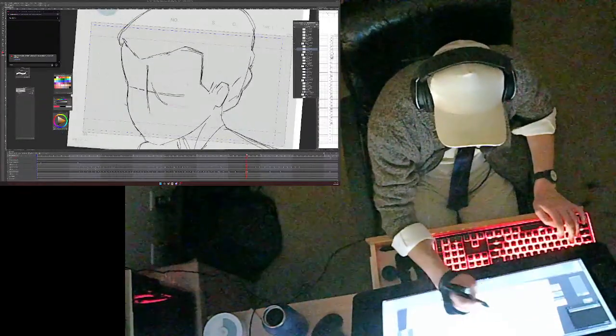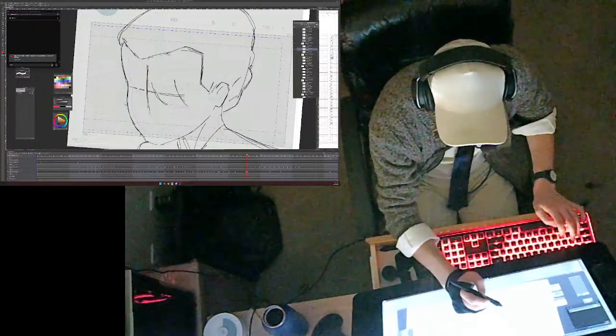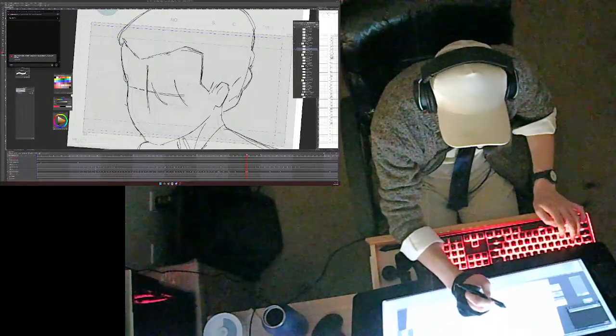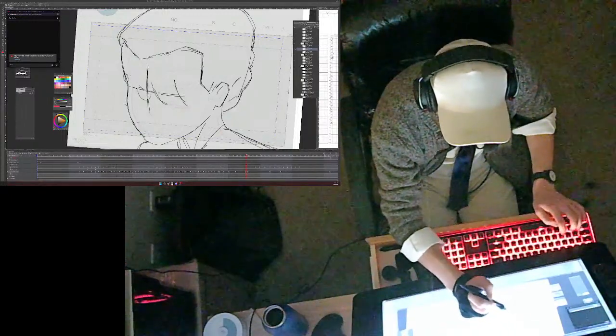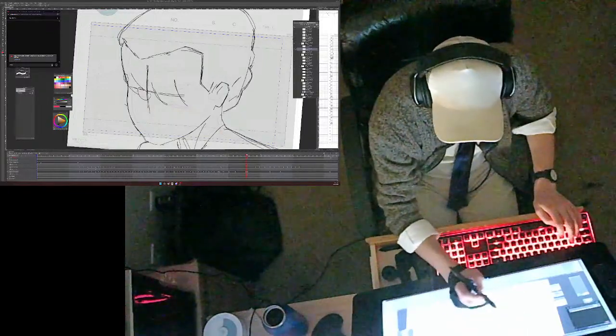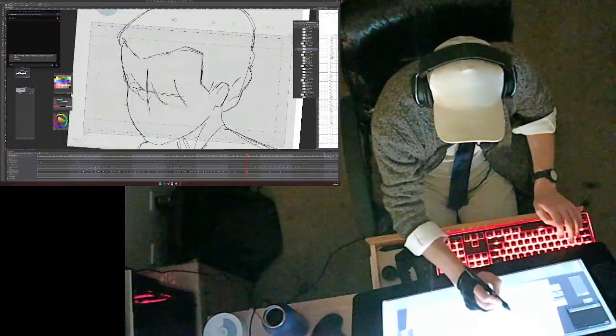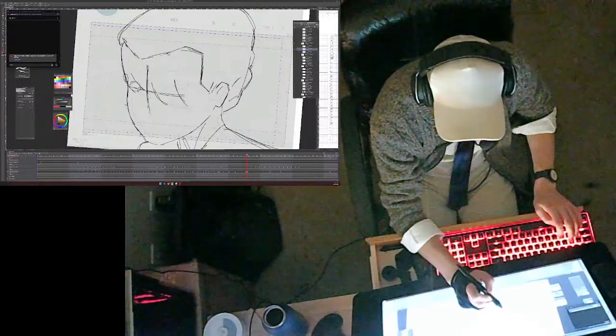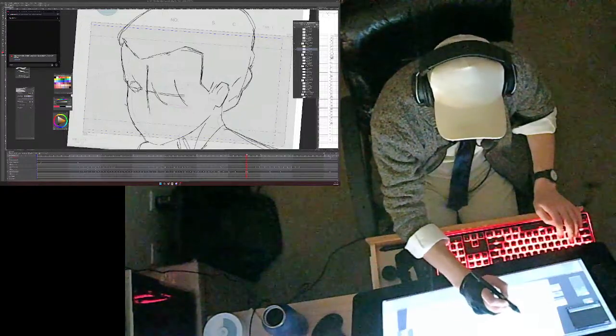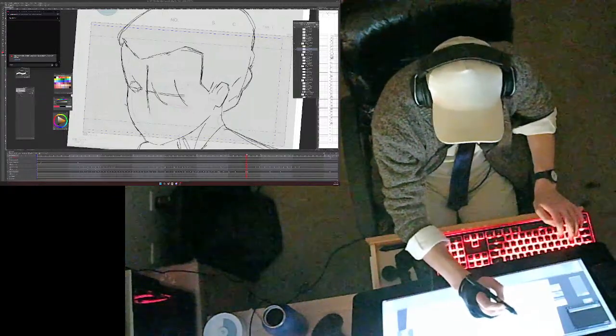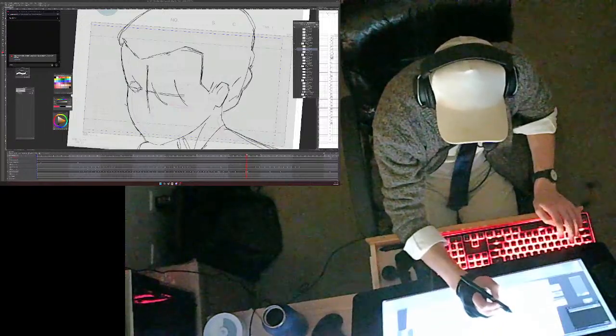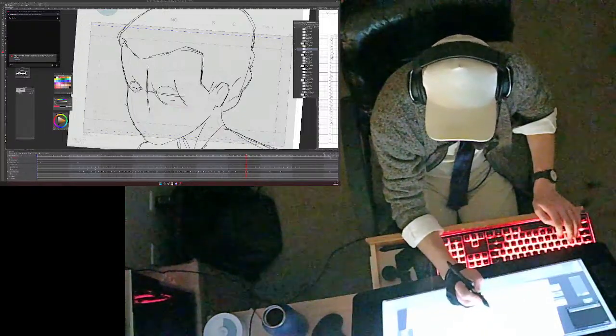But I think the key distinction between gesture as unfinished drawing versus not that is that what gesture needs to actually be is like a notation of energy.